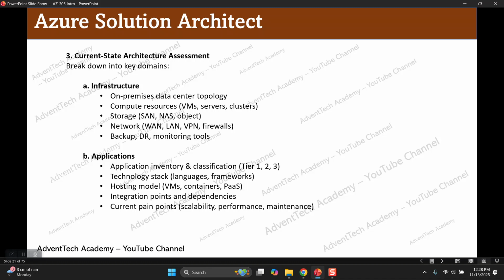We have to collect application inventory and their classification like tier 1, tier 2, tier 3. Then technology stack like languages, frameworks. You have to gather hosting models, VMs, containers, PaaS services, and then integration points and dependencies, current pain points like scalability, performance, maintenance. We have to collect all this information.